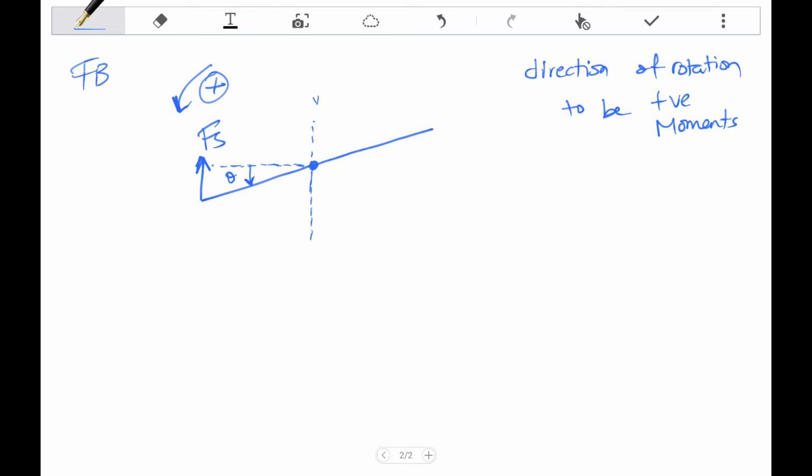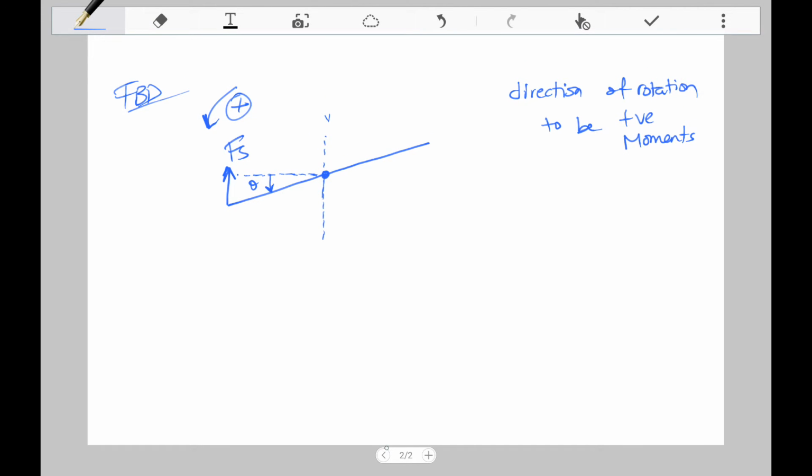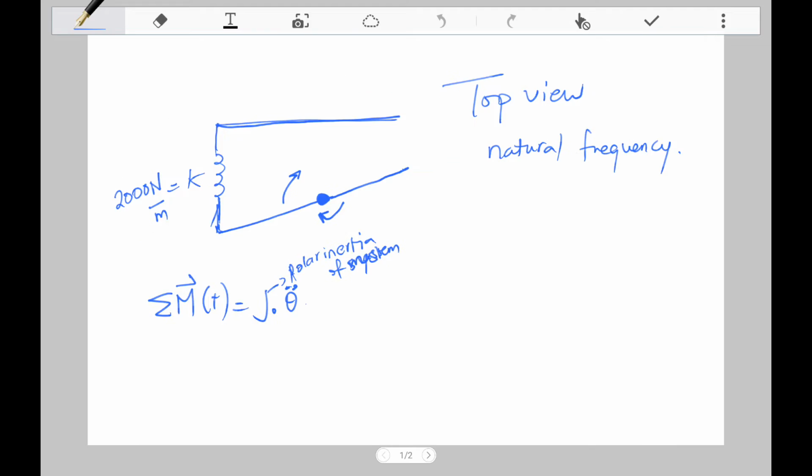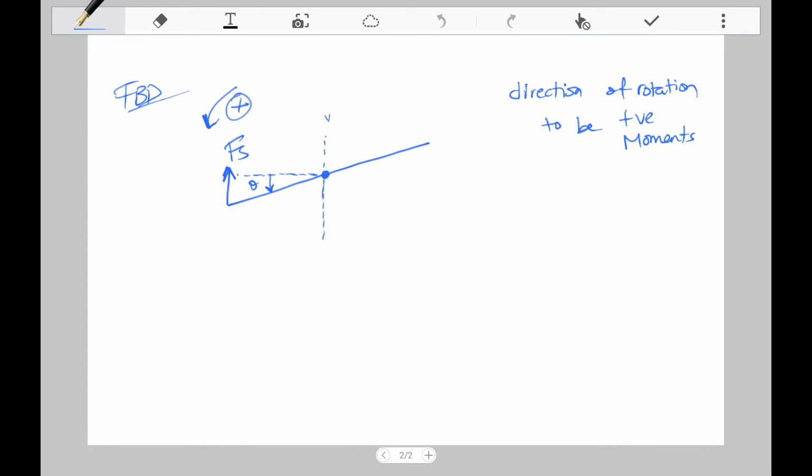It's your FBD, free body diagram, and we forgot to mention that the length of the rod is L. That's your L. So this makes it L over 2, the length from here to here.